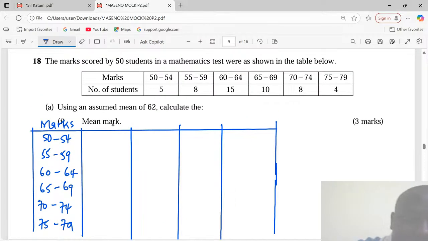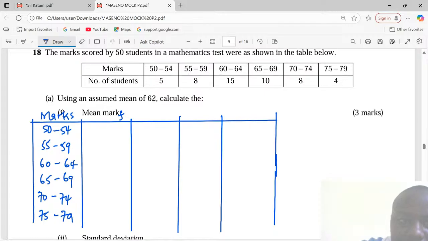Then we have the frequencies F, the number of students scoring the marks. So 5, 8, 15, 10, 8, 4. Those are the frequencies.